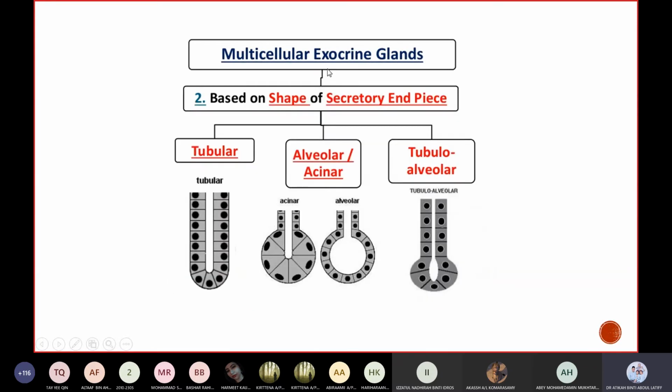Okay, so we can also classify according to the shape of the secretory end piece. So the secretory part has different shapes in different areas or different glands. Okay, so tubular, acinar, and alveolar shape. And sometimes they have both tubular and alveolar.